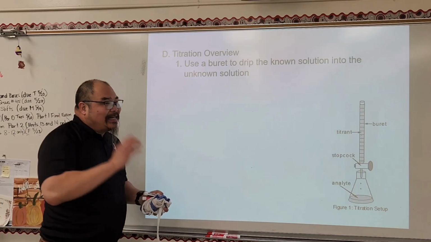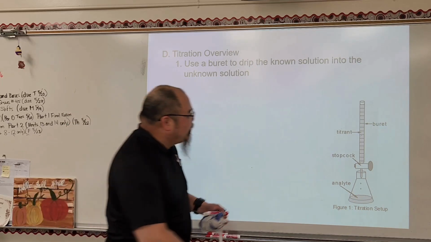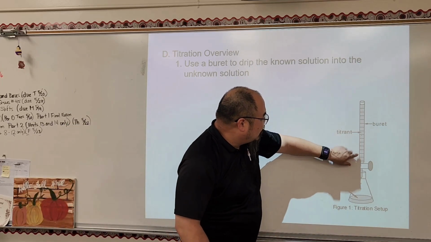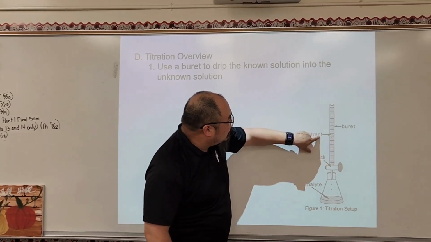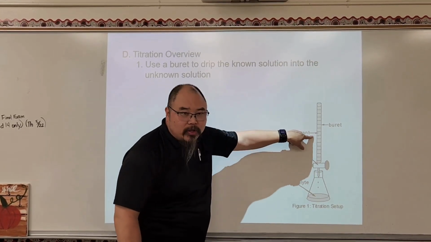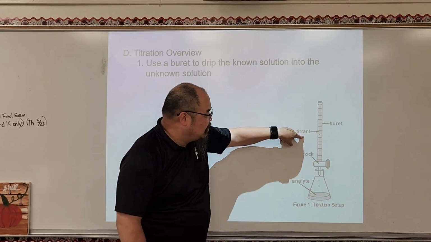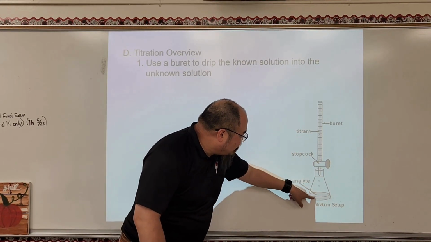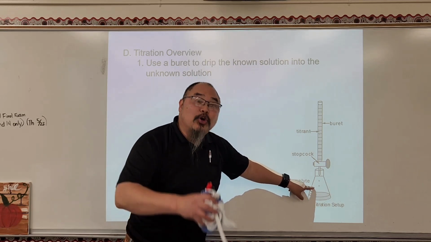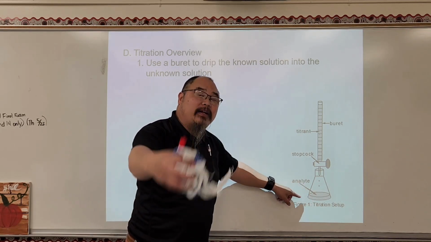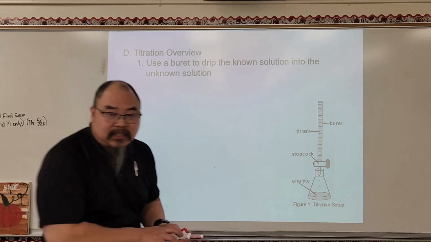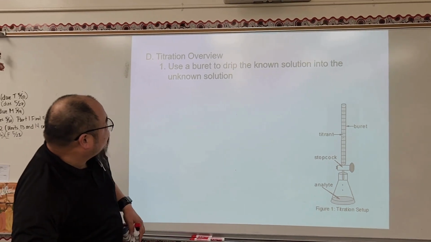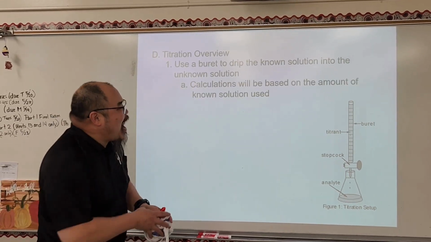Now, to do the titration, we're going to use a piece of equipment called a burette. Again, in the burette, you're going to put something that you know the concentration of, the titrant. In your flask down here is going to be your analyte, the thing that you're going to analyze. The thing that you're trying to figure out is the analyte. That's in your flask. You're going to keep adding.